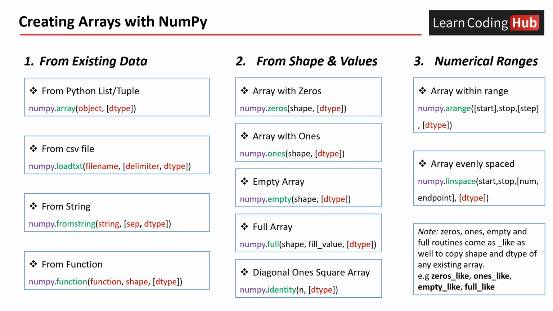This one was particularly focused on creating arrays. I hope this helped you understand and use them. I always suggest doing hands-on practice, trying to create arrays yourself, because that gives you an idea of how various things work.